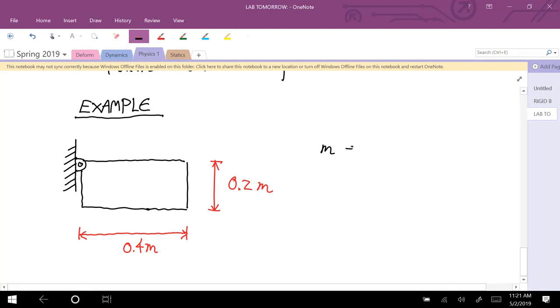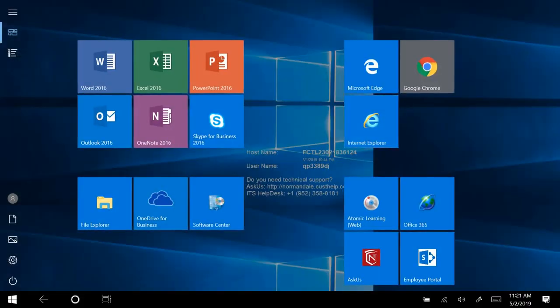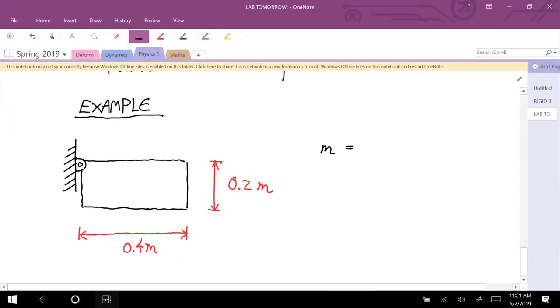And the mass is 2 kilograms. And let's say we want to calculate the acceleration of this point. Let's make that B. So what's the acceleration vector of that point B?